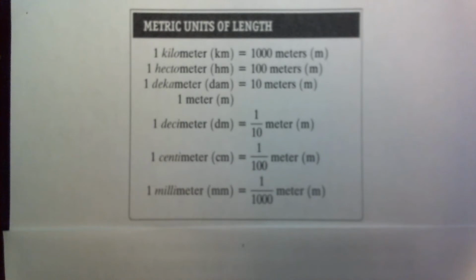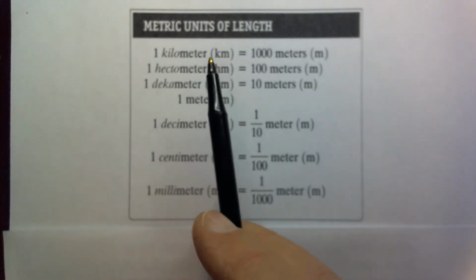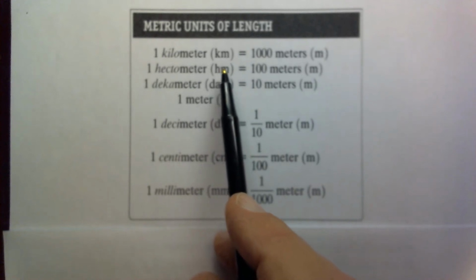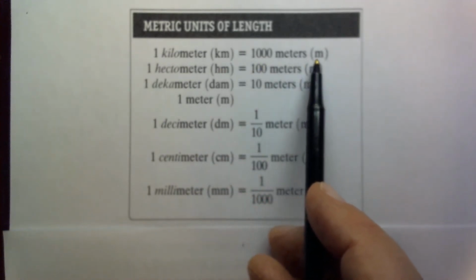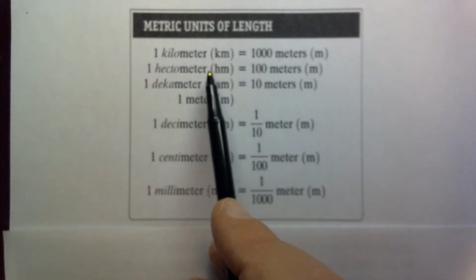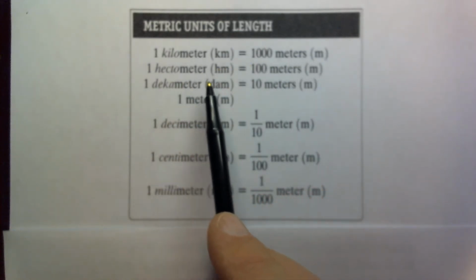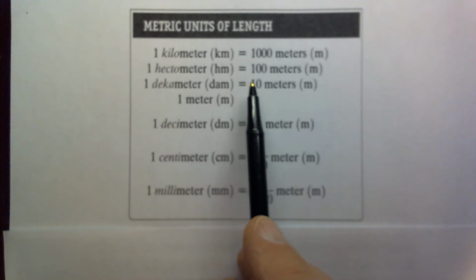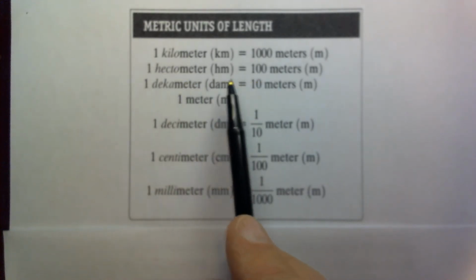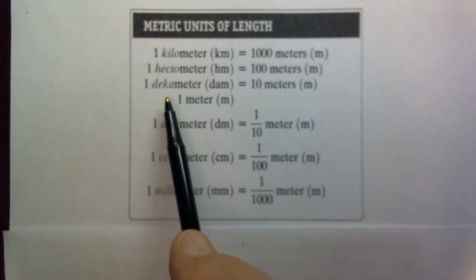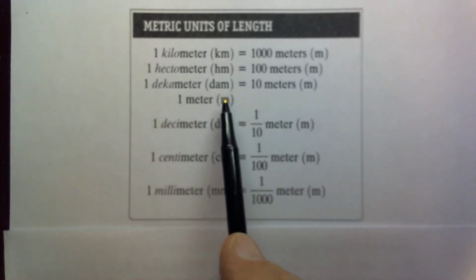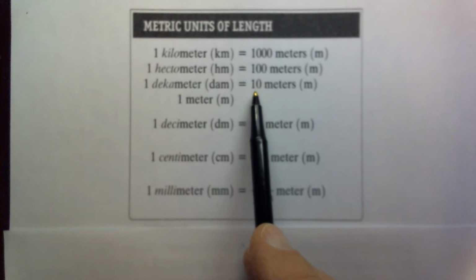So here are the most common metric units of length. 1 kilometer, abbreviated km, is 1,000 meters. M stands for meters, and kilo means 1,000. 1 hectometer, or hm, is 100 meters, so hecto stands for 100. And 1 decameter, dam, is 10 meters, deca standing for 10.